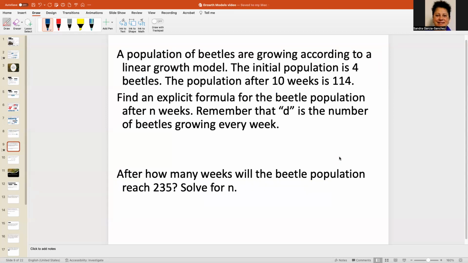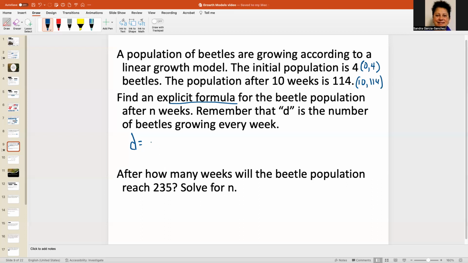Now, in this case, it says that the initial population is 4 beetles, and the population after 10 weeks is 114. Find the explicit formula. Again, we don't have D here. So in week 0, the population was 4, and in week 10, the population is 114.